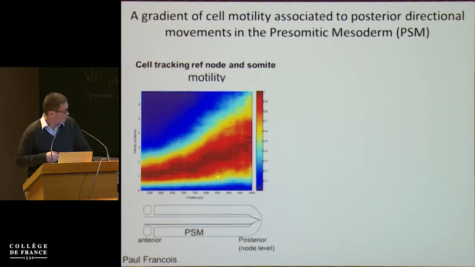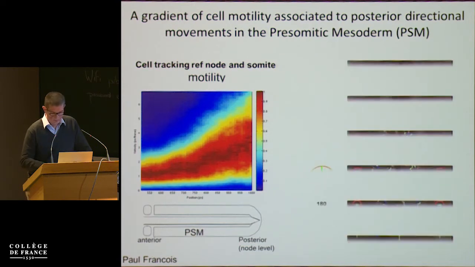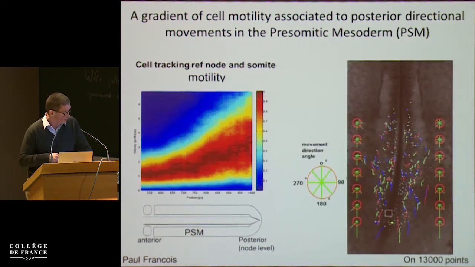And what he found, when he looked at the motility of the cells in the presomitic mesoderm, which is shown here, is that there is a high level of motility in the posterior region, the region that controls elongation, which progressively decreases anteriorly. And furthermore, he found that there is a striking gradient of directionality of the cells.